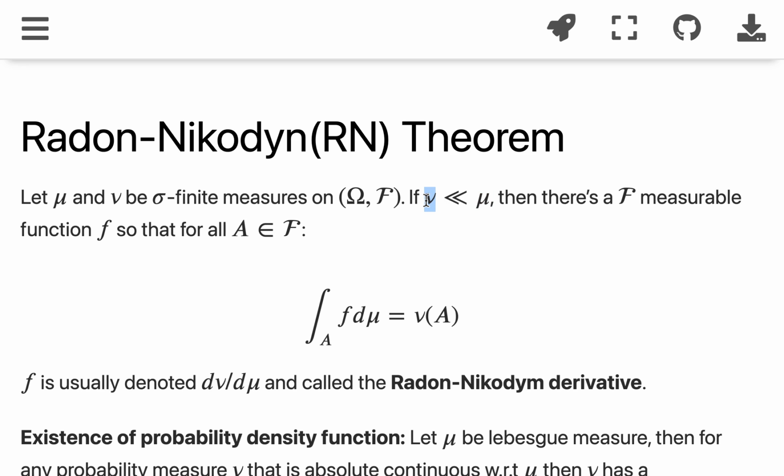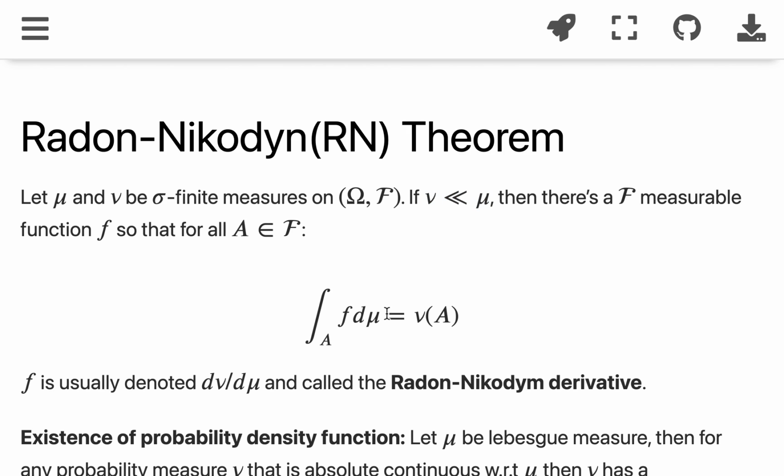So whenever a set A has measure 0 with respect to mu, that set A also must have measure 0 with respect to nu. And if that condition is satisfied, then nu is absolute continuous with respect to mu. So that's the definition of that.